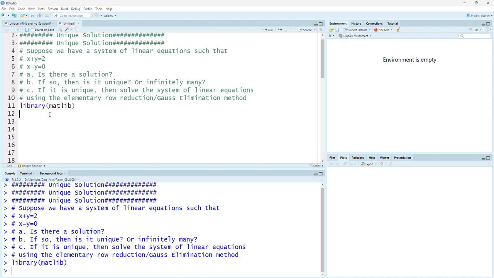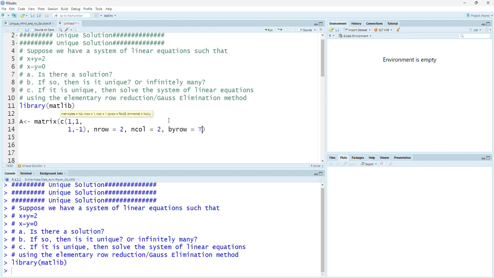So let's quickly create a matrix A. Matrix A is c(1, 1, 1, -1), with number of rows 2, number of columns 2, and by row is true.